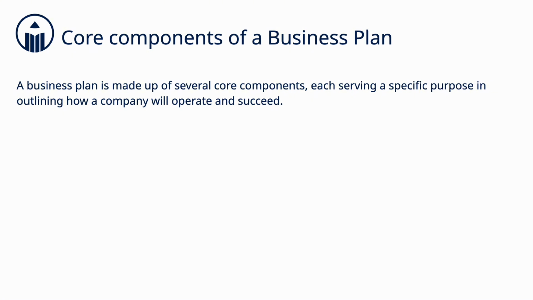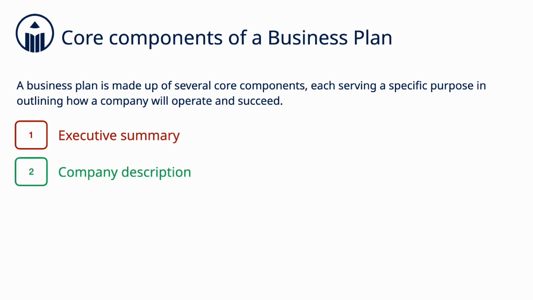Here are the 6 core components of a business plan, which will be explored in more detail shortly. The executive summary provides a concise overview of the entire business plan, including introducing the business, highlighting objectives, and summarising strategies and the financial outlook. The company description gives the business's legal structure, mission, vision, and key personnel, setting the foundation for the rest of the plan.